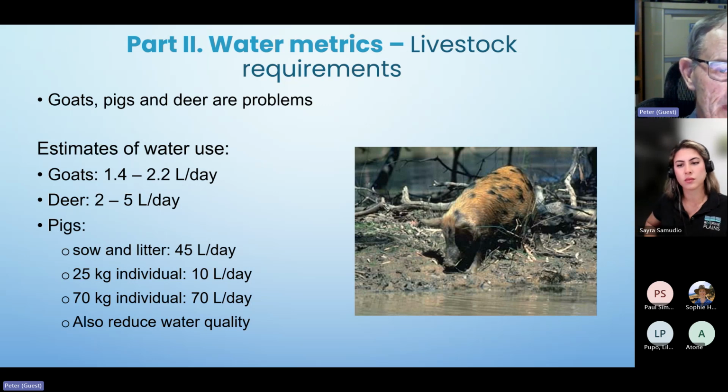So goats, maybe up to 2.2 litres per day. Deer, perhaps up to 5 litres per day. And pigs are a lot more thirsty, particularly if there's a lot of little ones running around, or you've got some big fellas. And of course, pigs, unfortunately, mess up the dam and reduce the water quality.